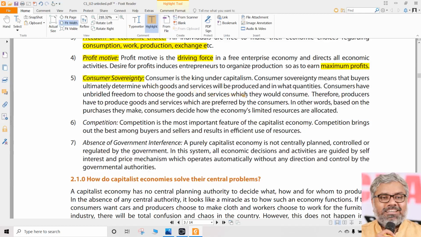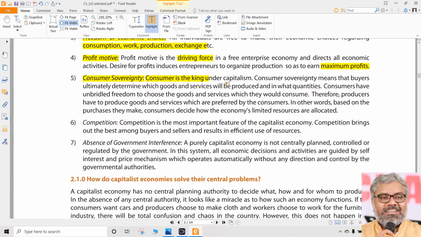And not only that, capitalist economies allow consumer sovereignty. You would have heard this already. Consumer is king. And under capitalism, naturally, that is what it follows. Consumer is always the king under capitalism.